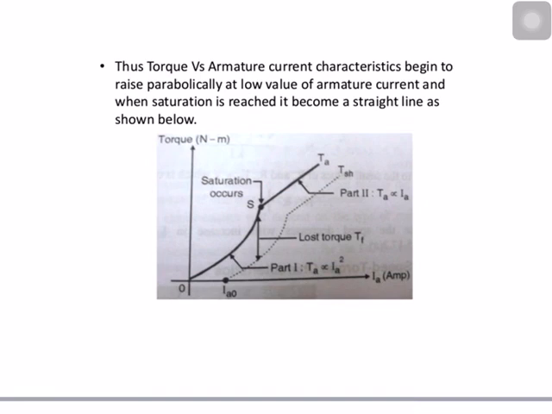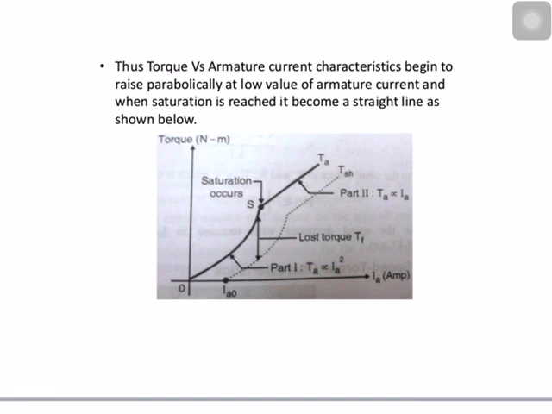That is, in DC series motors, the field winding is connected in series with the armature, so that Ia equals If. Therefore, before magnetic saturation of the field, flux phi is directly proportional to Ia, and hence before magnetic saturation, Ta is directly proportional to Ia squared, so that the torque versus armature characteristic is a parabola for smaller values of Ia.